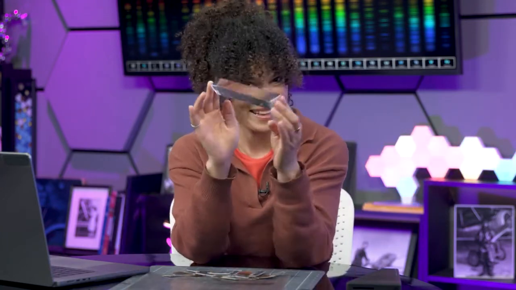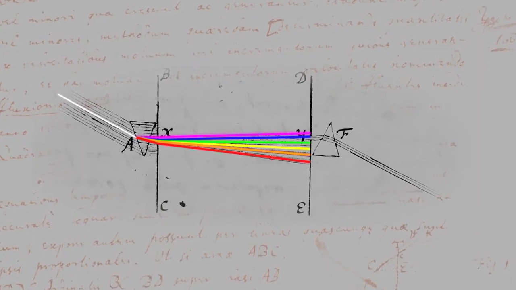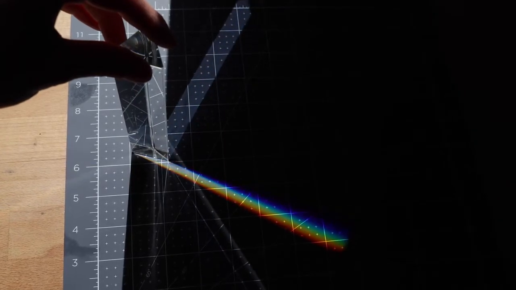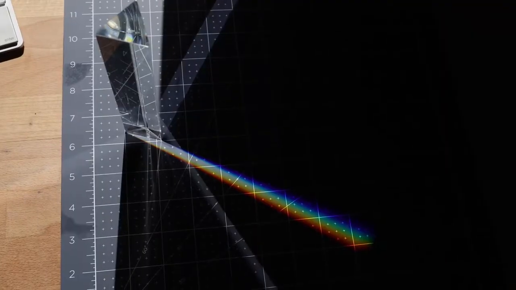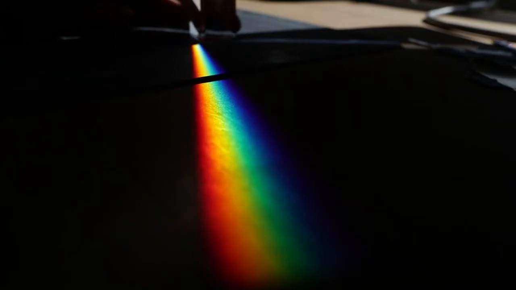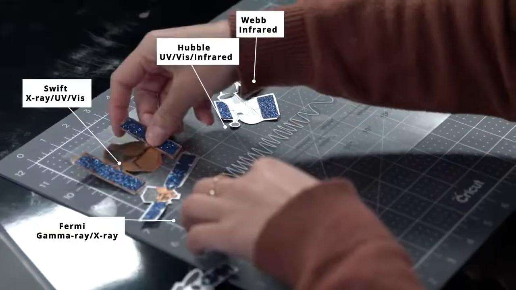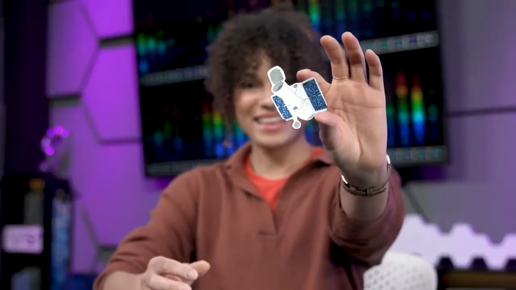Spectroscopy is the study of how matter can detect through the visible spectrum, but also a bit into the infrared and the ultraviolet.